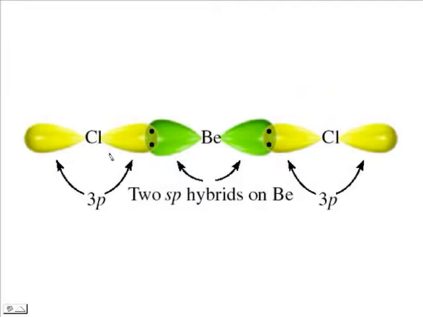That 1 electron will be in a p orbital, and so here we have a sigma overlap between the p orbital from the chlorine and a hybrid from the beryllium. So again, you can have any kind of combination of orbitals overlapping, but if they are doing so in a direct head-on overlap, slamming into one another, then that overlap is called the sigma overlap. So this one has 2 sigma overlaps.